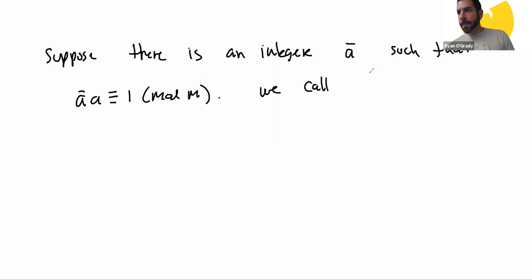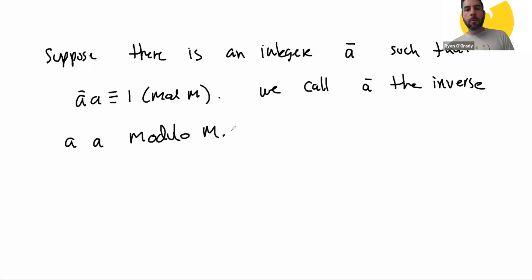We call A bar the inverse of A modulo m. So this is analogous to 1/5 times 5 is 1, or 1/8 times 8 is 1.